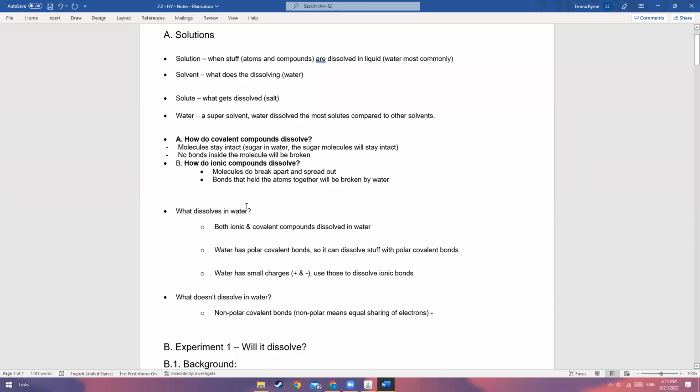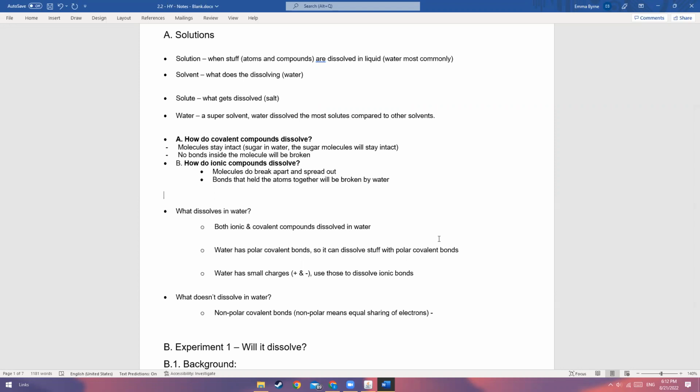So that's the key difference between how covalent compounds and ionic compounds dissolve in water. So in other words, what dissolves in water? Both ionic and covalent compounds dissolve in water. Water has polar covalent bonds, so it can dissolve other atoms and molecules with polar covalent bonds.